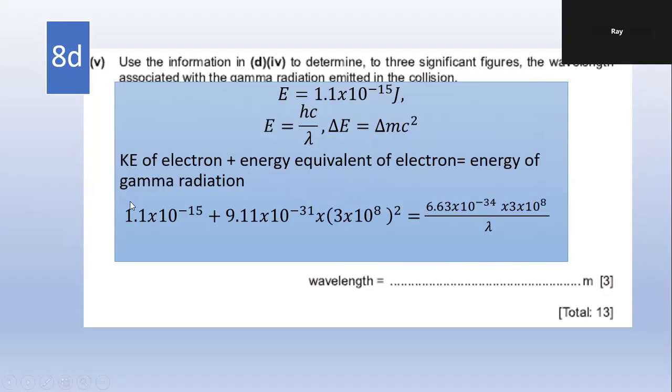The energy of the gamma ray is that. There's a conversion, delta m, mass of electron, speed of light squared. Then we use Planck's constant, speed of light, lambda, and calculate it out.